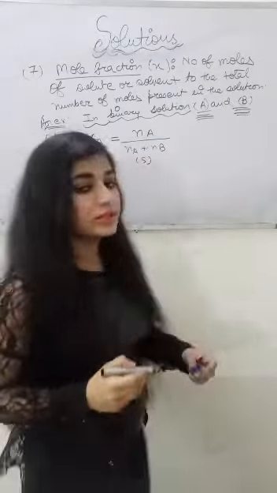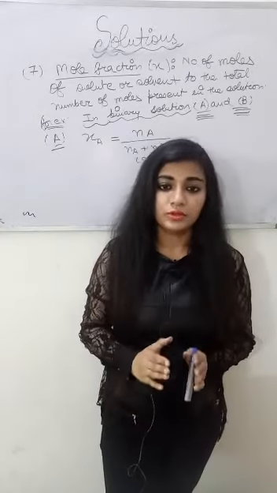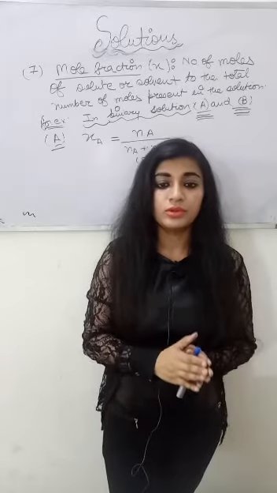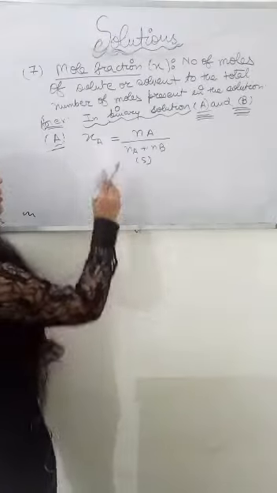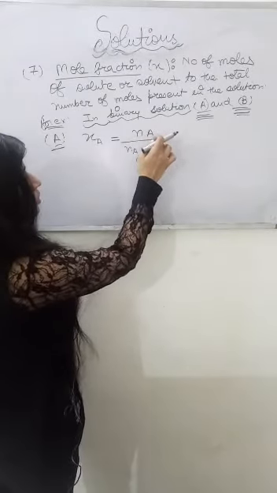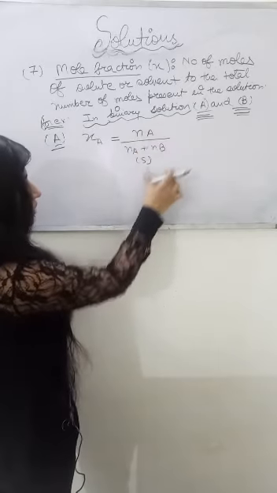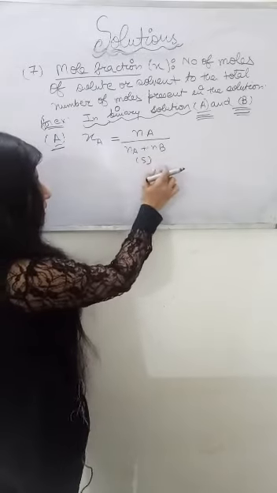As I already discussed, if you have to take the solution, then you have to take the moles of solute and the solvent. So the mole fraction of A component is Na, that is moles of A component, by the solution, that is Na plus Nb, because in solution both are present.